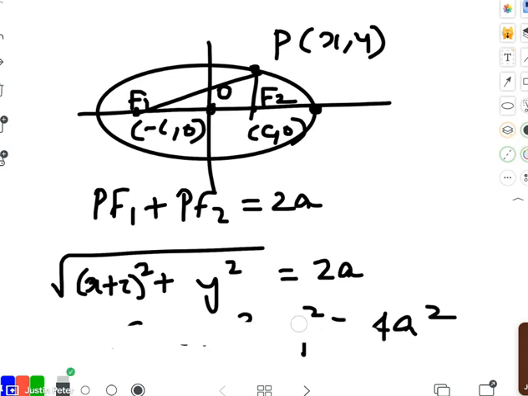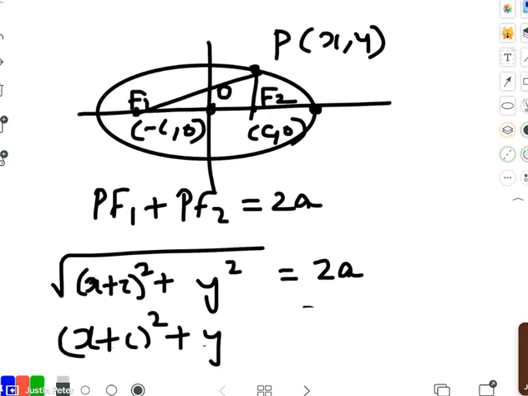Instead of this, we just simply square it rather than squaring the ones on each side. So you get x plus c the whole square plus y square is equal to 4a square.